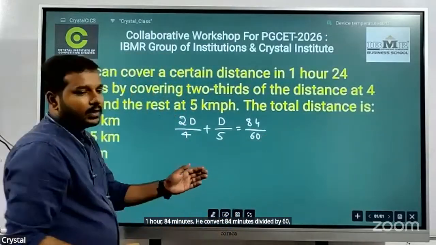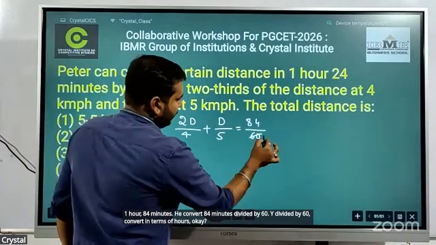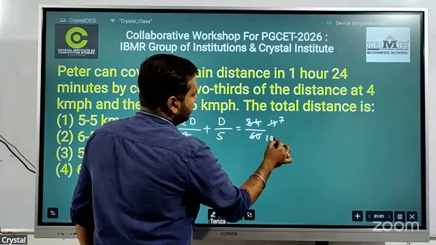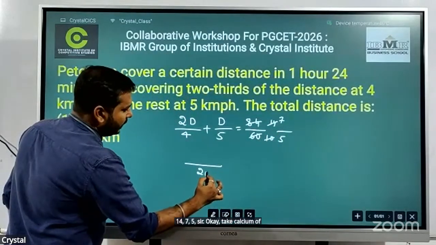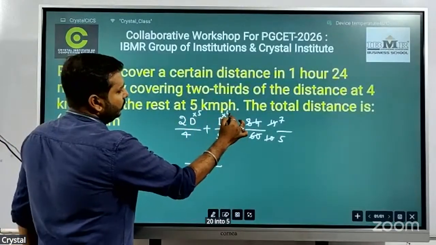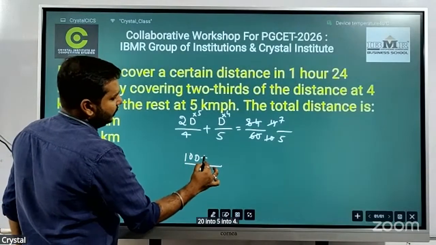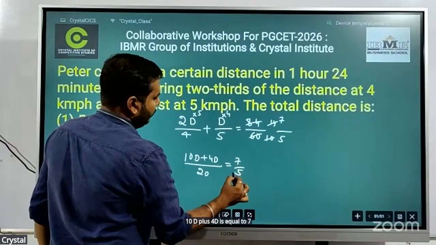Why divided by 60? To convert into hours. 14 by 10 is 7 by 5. Take the LCM of this: 20, 5 into 4. 10d plus 4d is equal to 7 by 5.